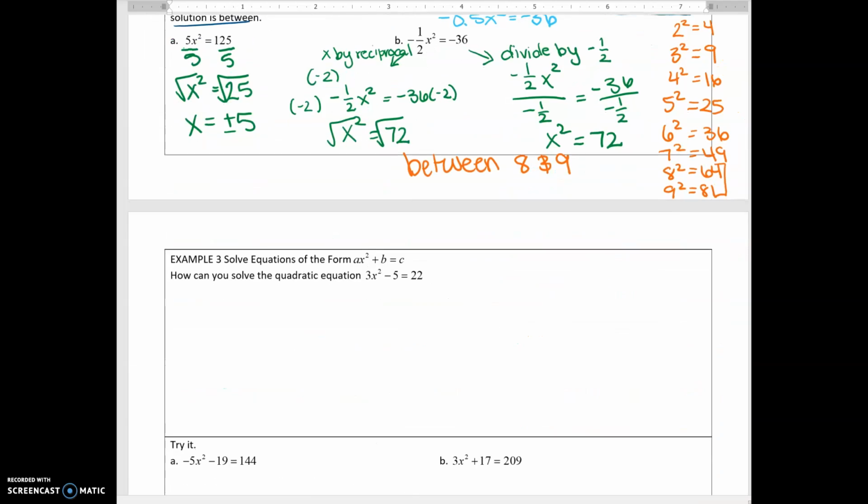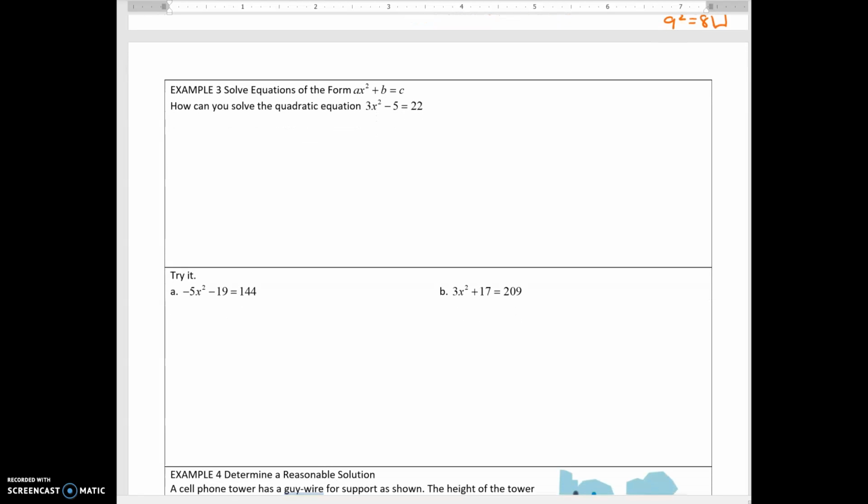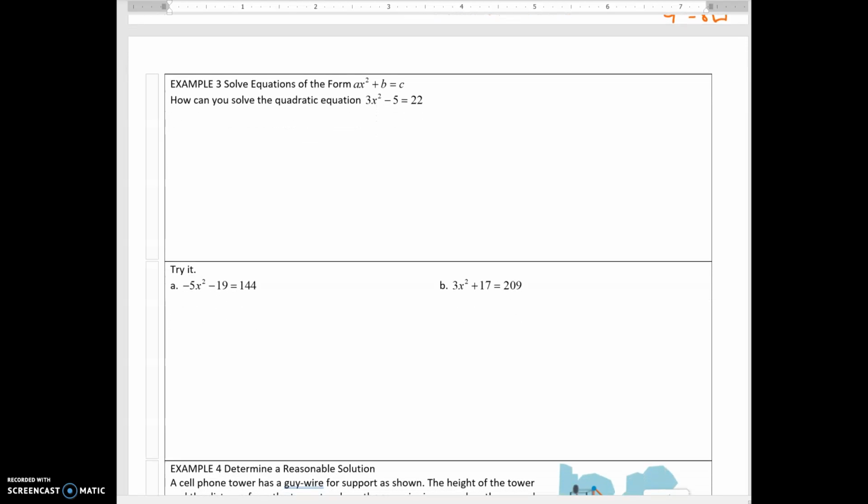Okay, so let's go on farther now. Now we're going to have a number in front of the x squared, but we're also going to have a plus or minus number on the same side. So we're still going to get x squared by itself, but you're going to do PEMDAS backwards.